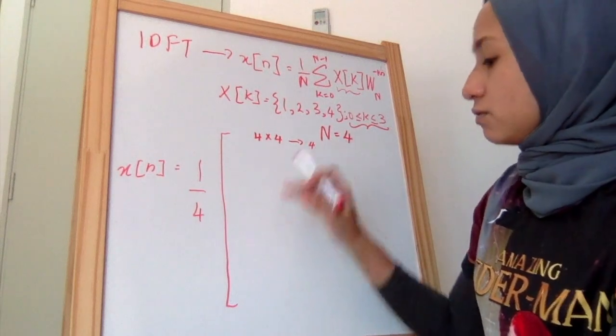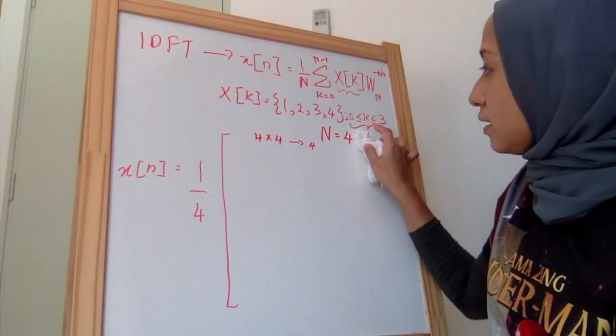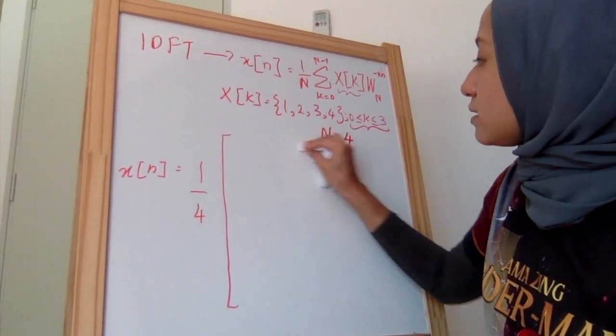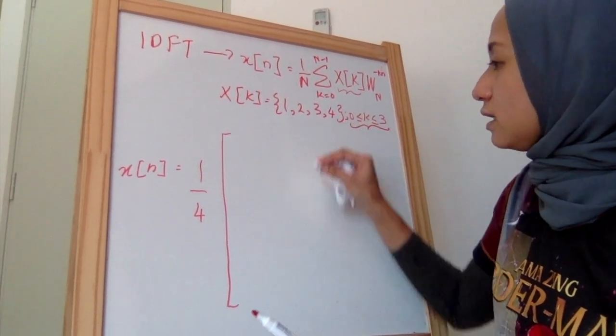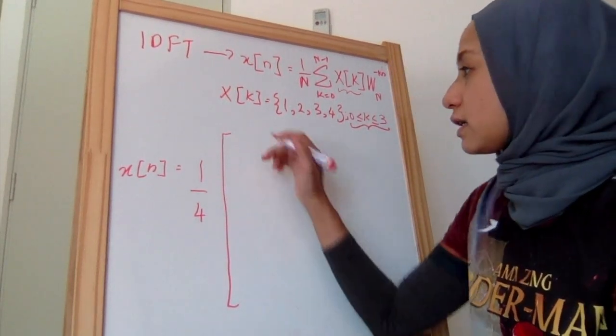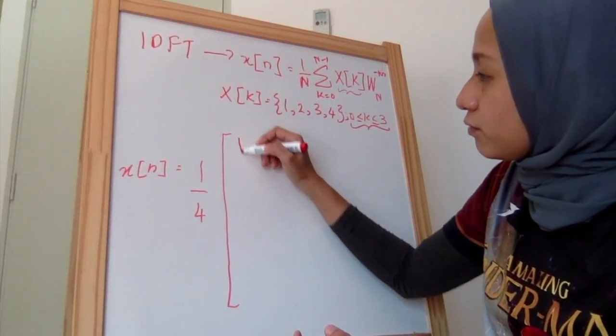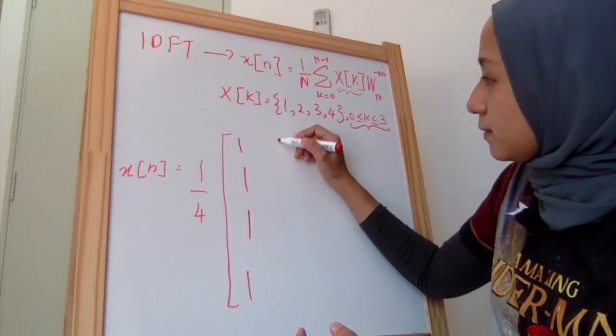So whatever value you get after you do matrix multiplication, you need to multiply with 1 over 4, after you find the value for each W4, something like this.